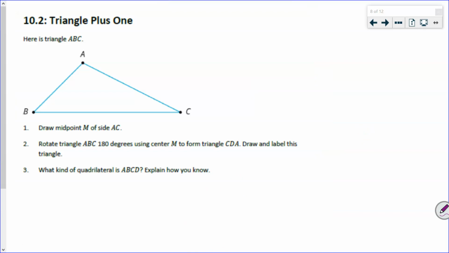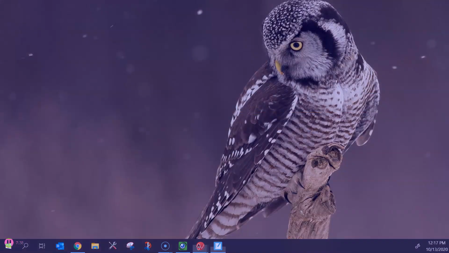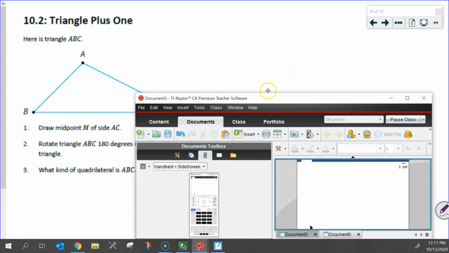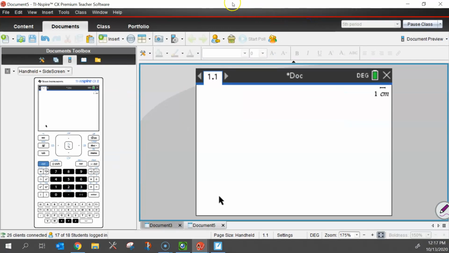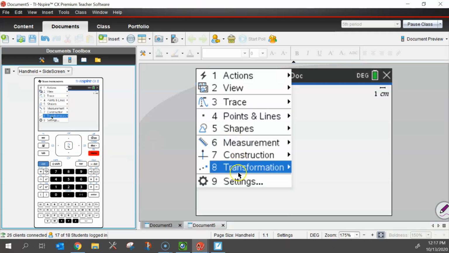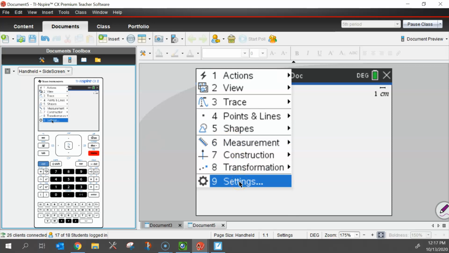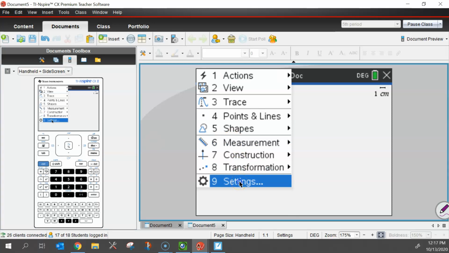A. Okay, and we have now set up the calculators with a certain feature. And so before we draw the triangle, I want you to confirm that this is set up. And for those of you who don't have it set up, you're going to fix that right now. We're going to go menu, option 9 settings. So you guys are all doing this with me.